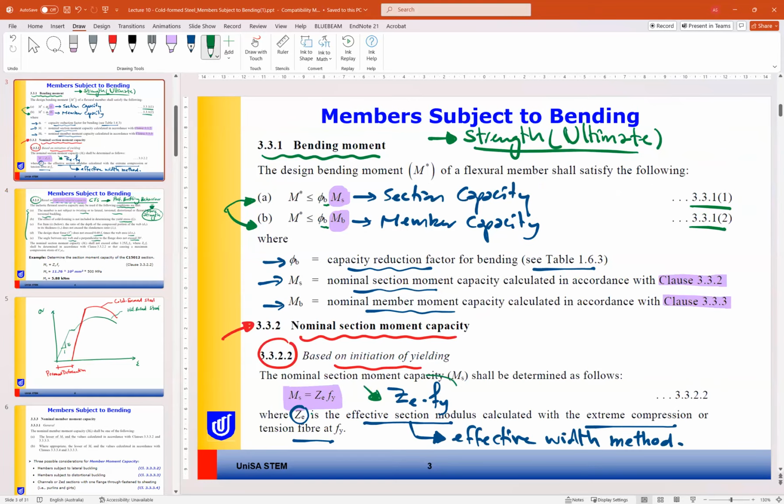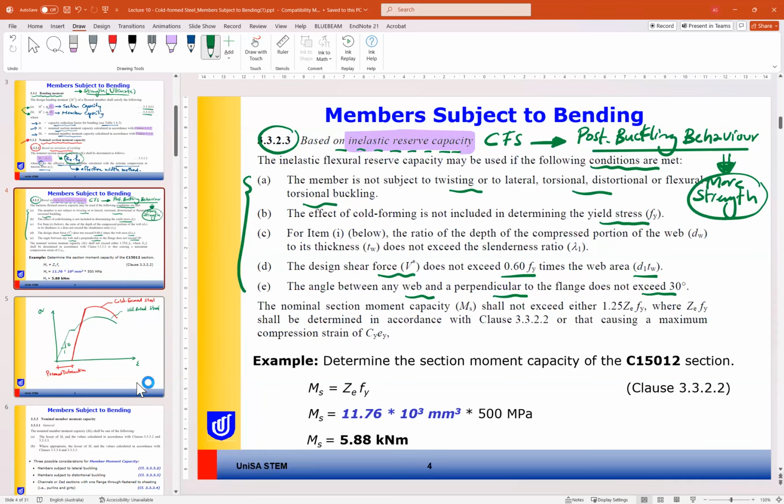The section capacity is equal to ZE, or Z effective, times F yield. In general, the standard limits the nominal section capacity MS to be either 1.25 ZE F yield, or that causing maximum compression strain of CY EY.